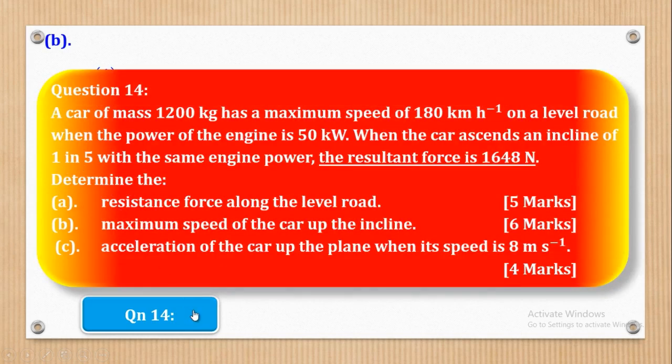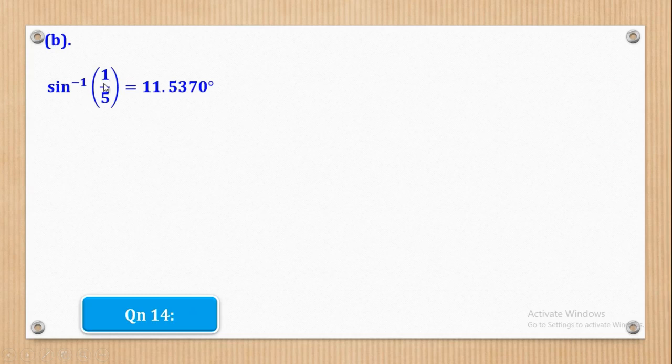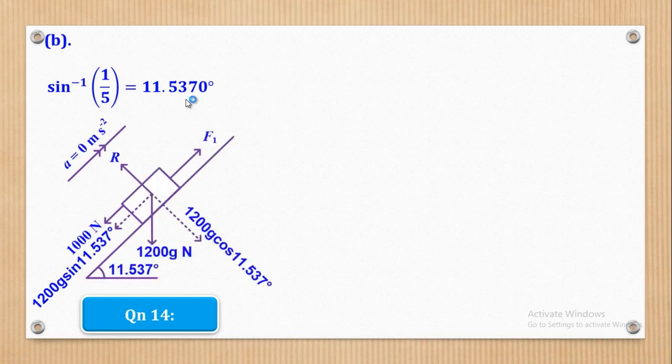That means arc sine of 1 over 5 will give you the incline, which is 11.537 degrees. Now that I've got the incline, I can draw my sketch. It is going upwards, but since speed is maximum, acceleration will be 0. And this is the new forward force on the incline.